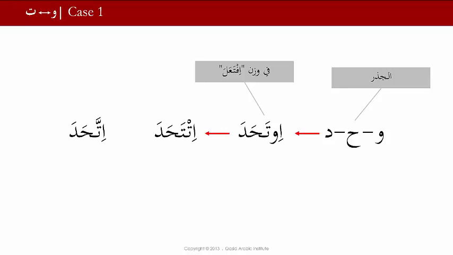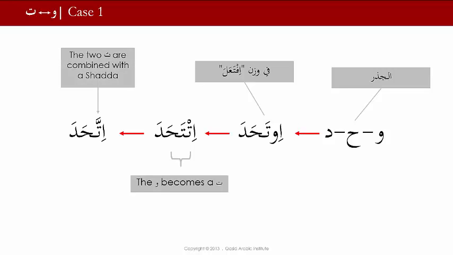Now, the waw changes to a ta, and so we get ittahada, because the waw conflicts with the ta in pronunciation. The waw becomes a ta. And then because we have a ta with a sukun followed by a ta with a fatha, the ta collapses under a shadda, and we get ittahada.